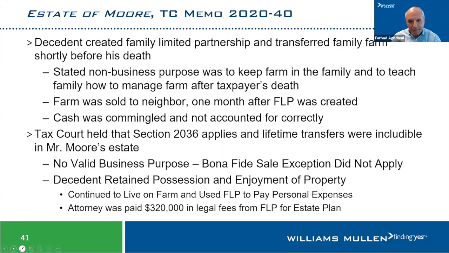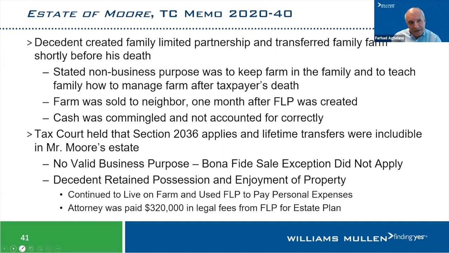And the tax court made note of that and just felt like this was a little too cute. And so they said that 2036 applied. They said that there was no real valid business purpose. The decedent really retained the use and enjoyment of the property and the income from the property until his death. And so it was a fairly easy case for them to disallow.